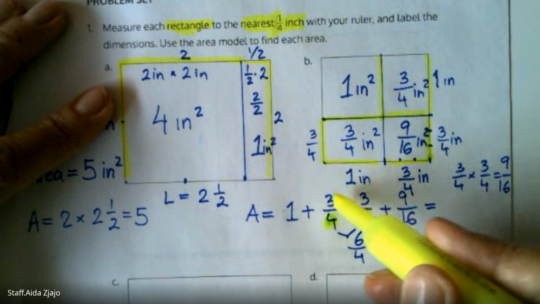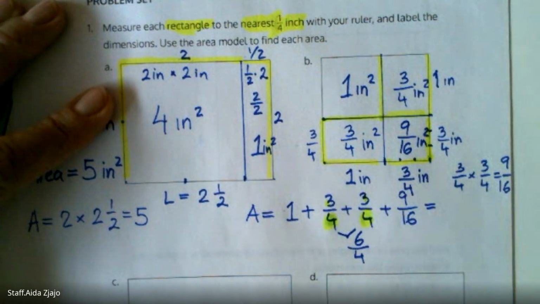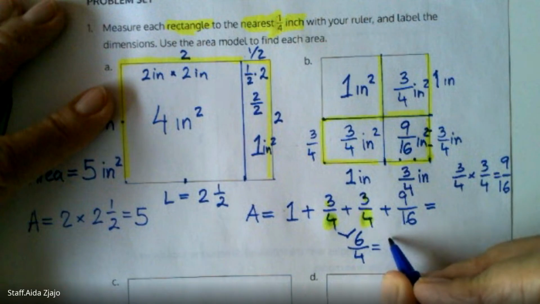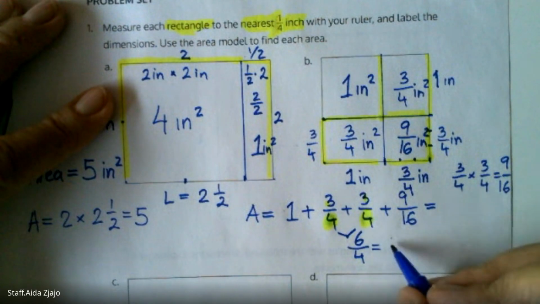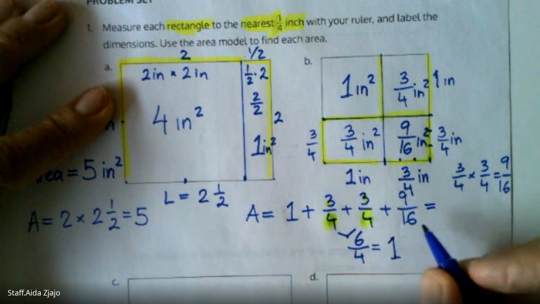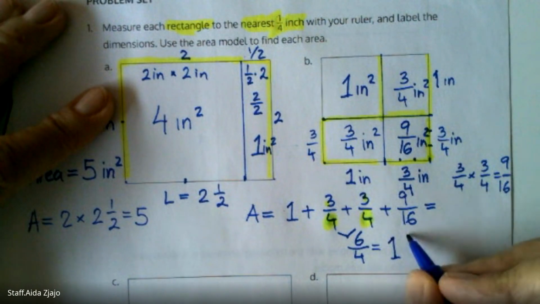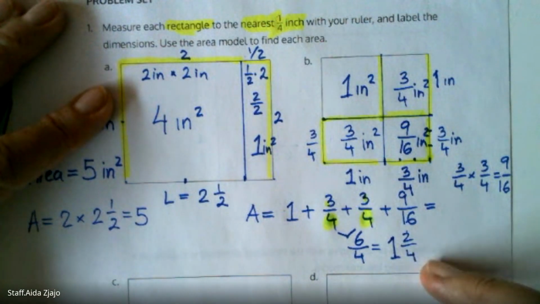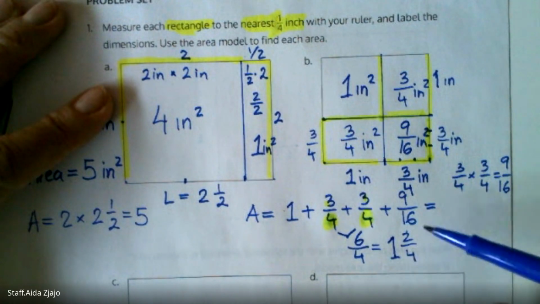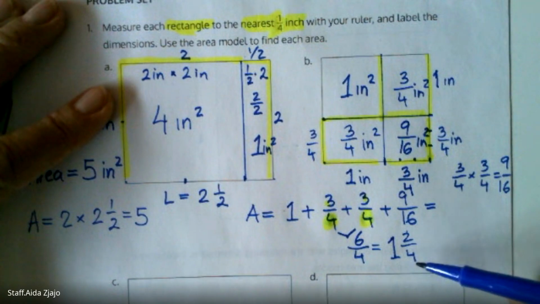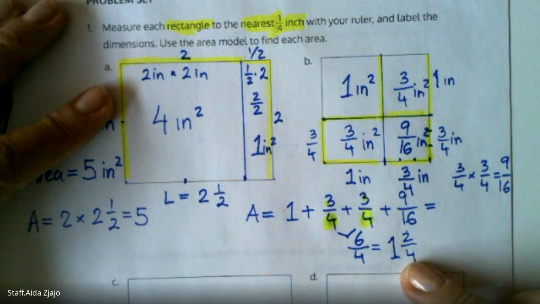So 6/4 is the same as 1 whole and 2/4, or 1/2. Now I have these 16ths, so I cannot add 16ths to fourths unless they are the same size pieces.